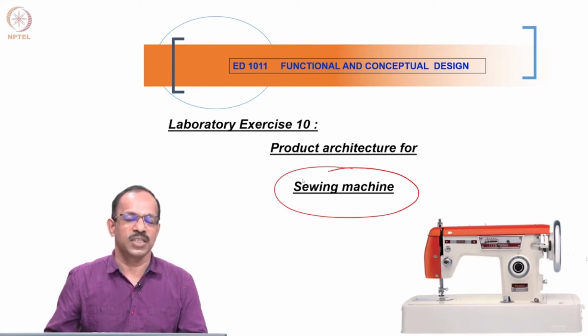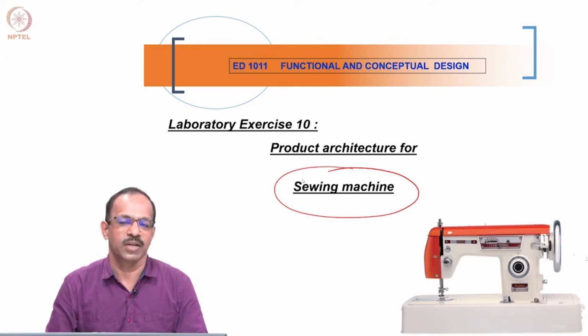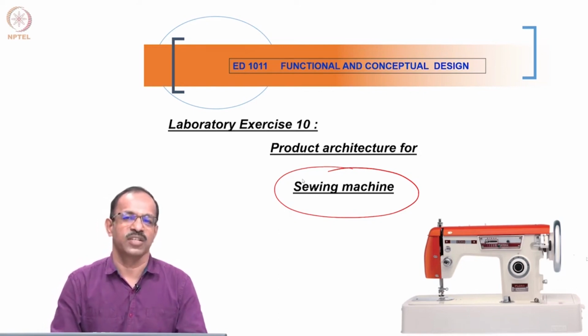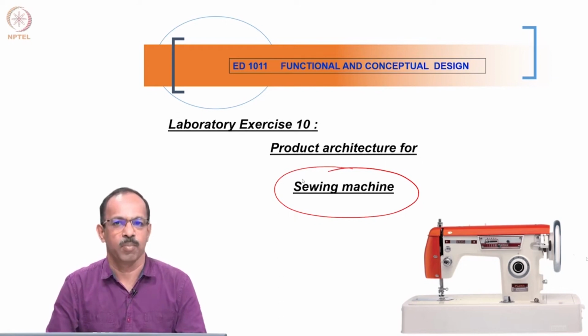So it's a very interesting product for a designer to go through and understand the mechanisms, especially the mechanical components. And in the newer machines, electronics have been combined to get additional functionalities in the product.